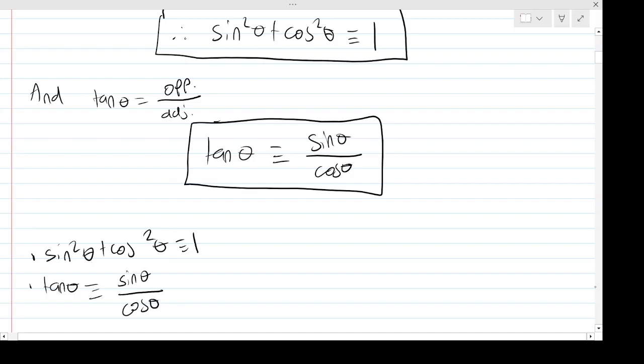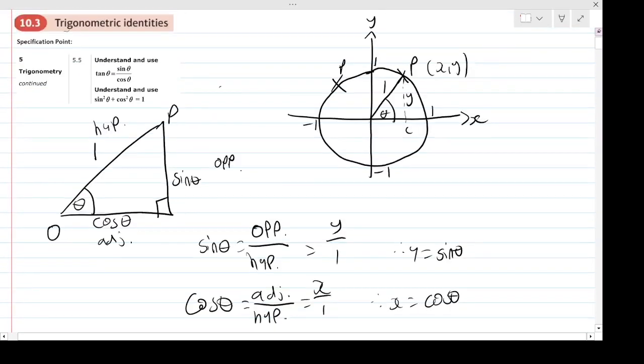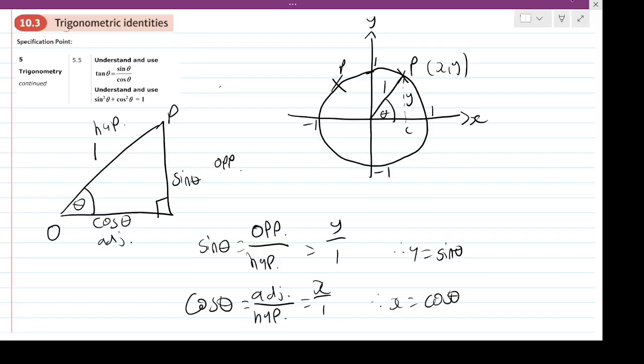We will be using these two identities throughout this section and throughout this video as well. Now unfortunately you do need to remember or memorize them in some way because they're not in the formula book. But you do not need to know how to prove them. You just need to know how to use them, via the specification. So you don't necessarily need to learn what we've done up here.